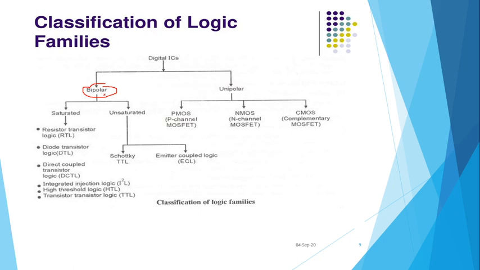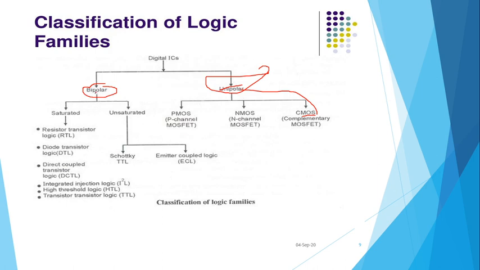Here bipolar is for BJT and here it is unipolar, which is also called MOS. You can see here PMOS, NMOS, CMOS. So it's simply MOS, right? These are literally the same. Metal oxide semiconductor devices are unipolar devices, right?